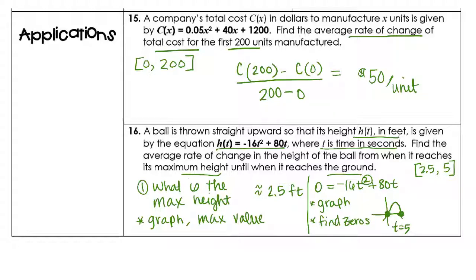So the setup of this problem now is where we find h at 5, which we should know, minus h at, what's the other value? It was 2.5 maybe?